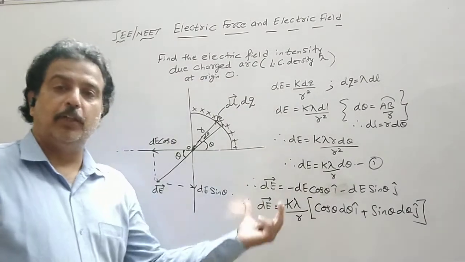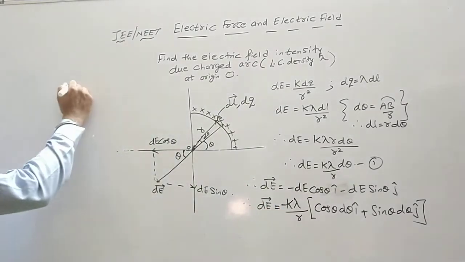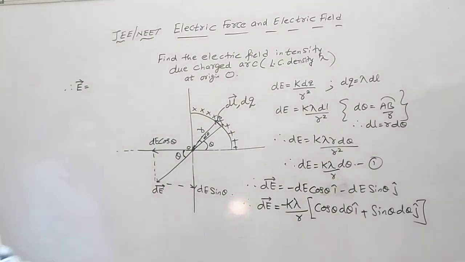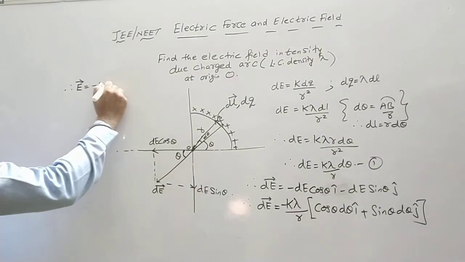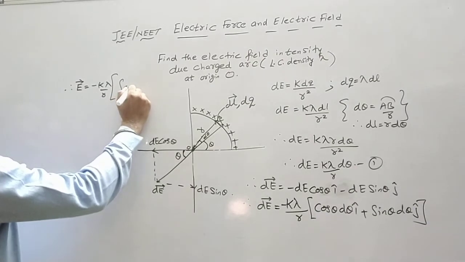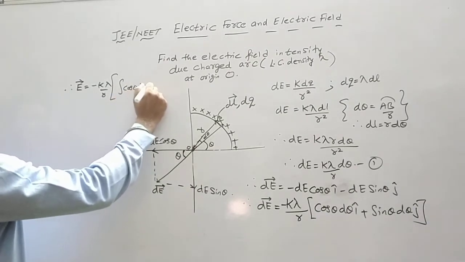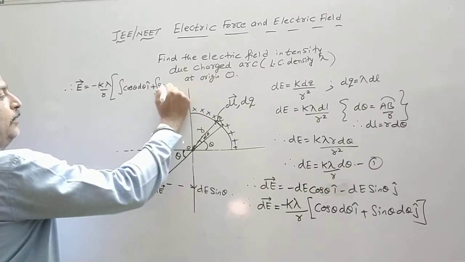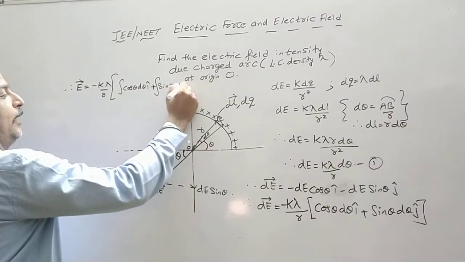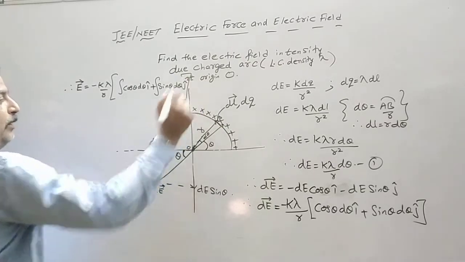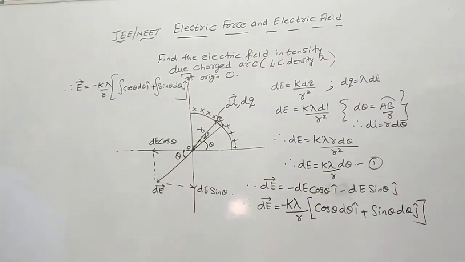Now I have to find out the resultant electric field intensity. Therefore, E vector is equal to, we integrate this entire equation, so minus K lambda by R, integration cos theta d theta in direction i plus integration sin theta d theta j. The direction is minus i minus j, but minus is taken outside.